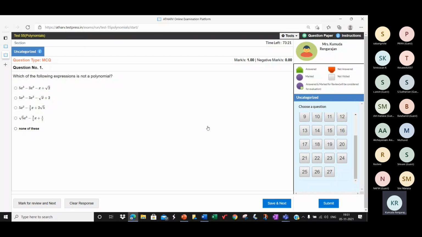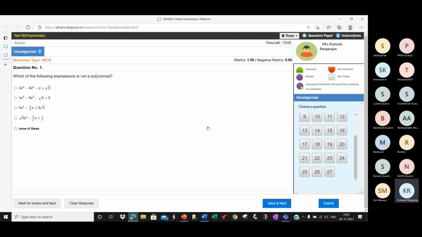So what is the power of x in the term root x? Root x is the radical form. How do you put it in the exponential form? This is 9th standard, not 10th standard.